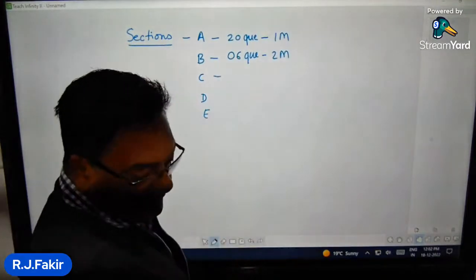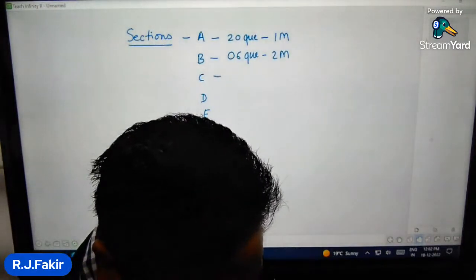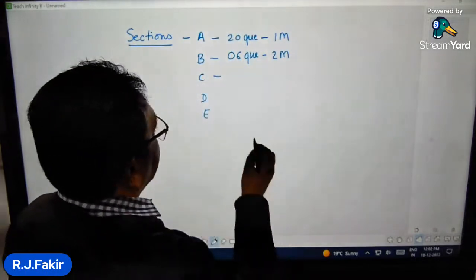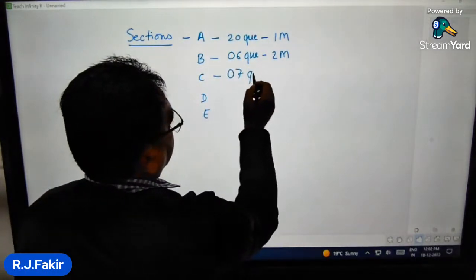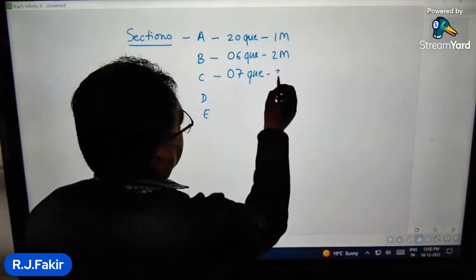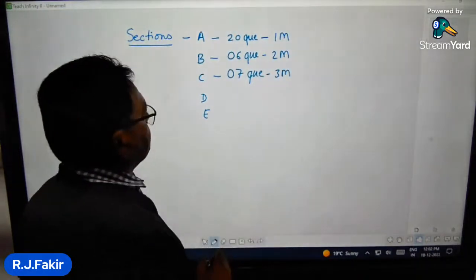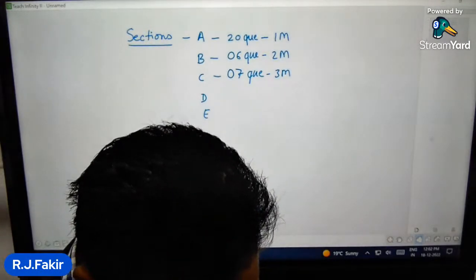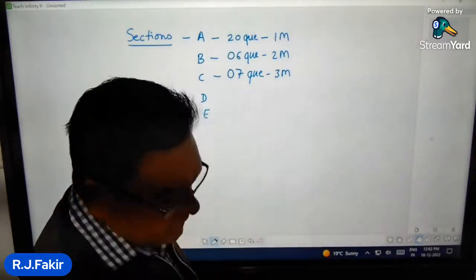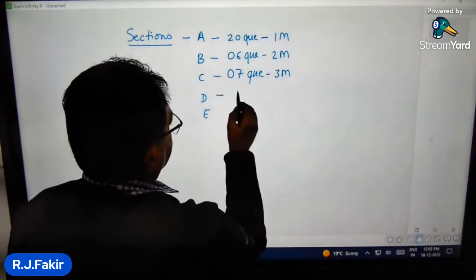Then in section C, 7 questions of 3 marks. In section D, there will be 3 questions of 5 marks.